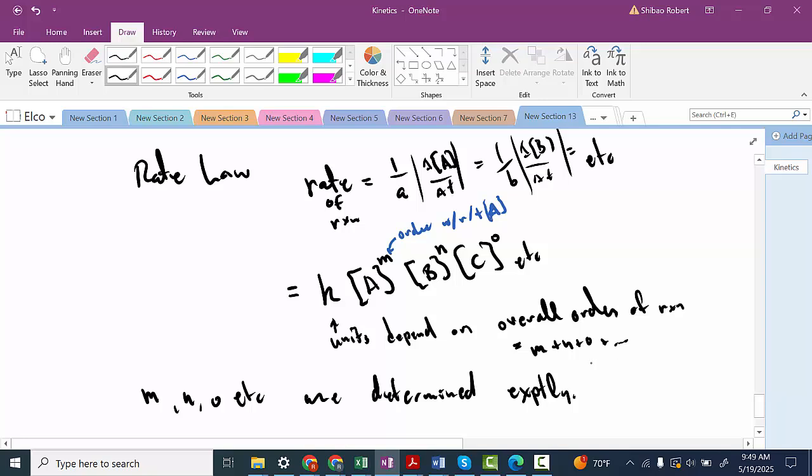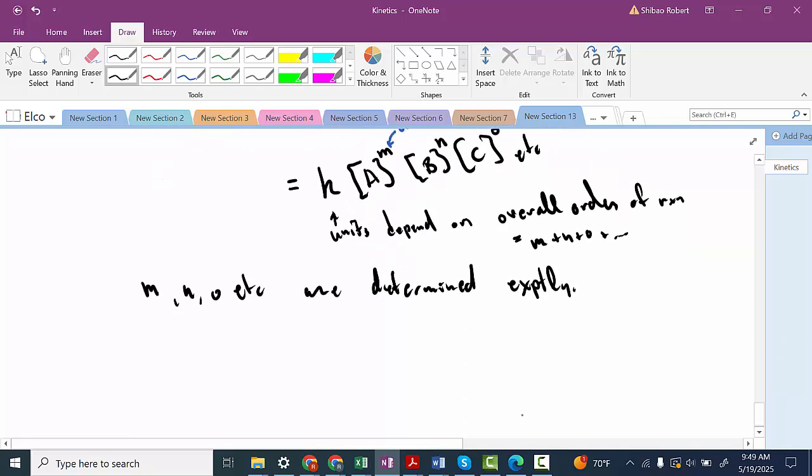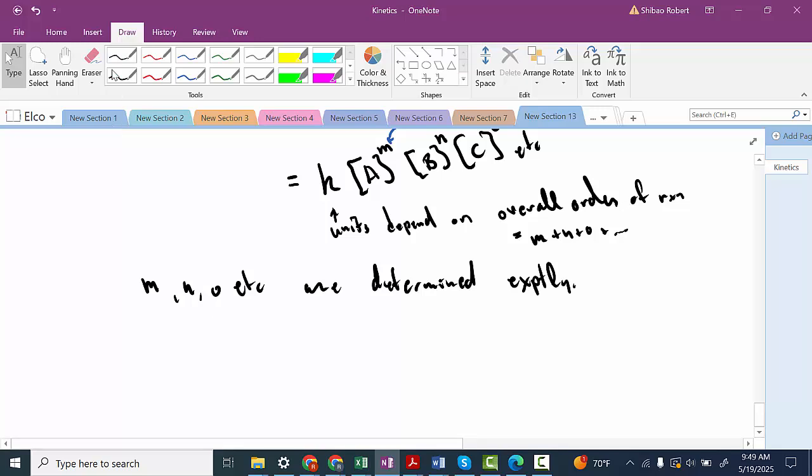There are different methods we can use to determine m, n, and o, but one of the more common methods is the method of initial rates. Because the concentration changes, the rates change, unless it's zero order, then it doesn't change. There could be other orders as well, but we aren't really going to look at those.